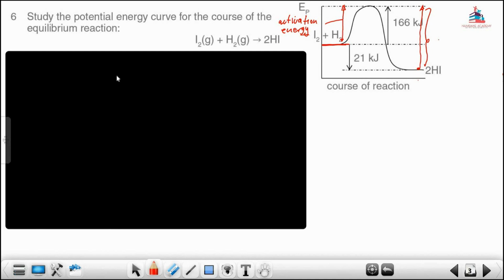Yes, I can see. Because for us to say the activation energy for the reverse, it must start at the product.